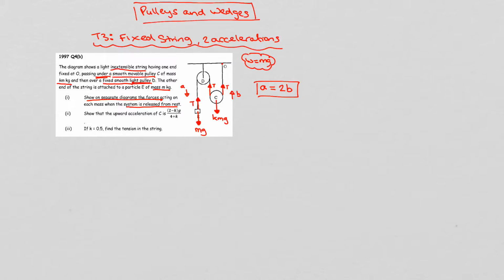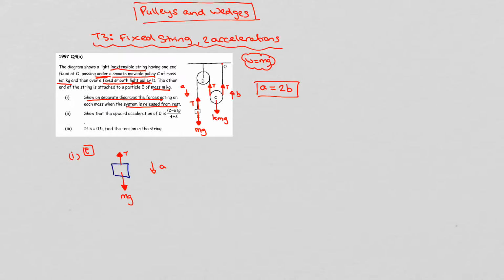Okay, so now we have the big picture. We're going to break it down into our part 1, our separate diagrams on each particle. So I'm going to start with E. So E is the first diagram. So we have tension acting up, and we then have the weight acting down, and I'm saying it's accelerating down.